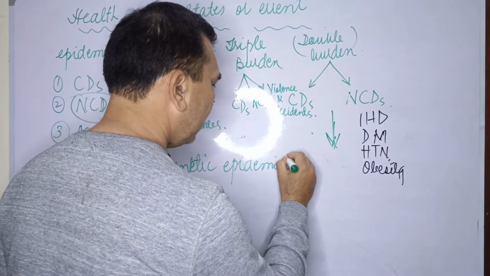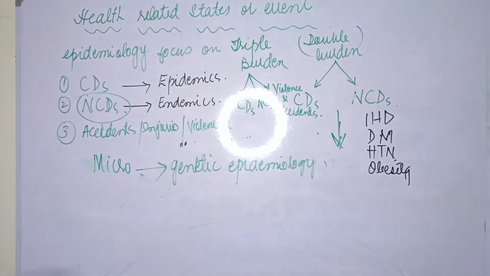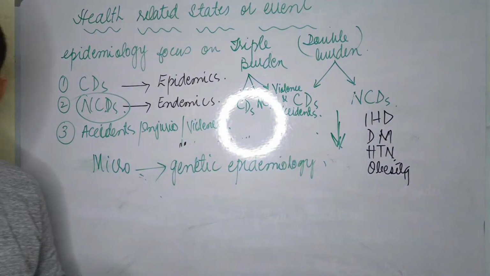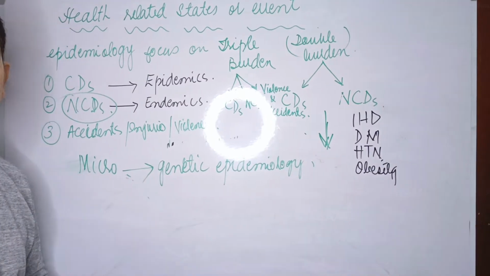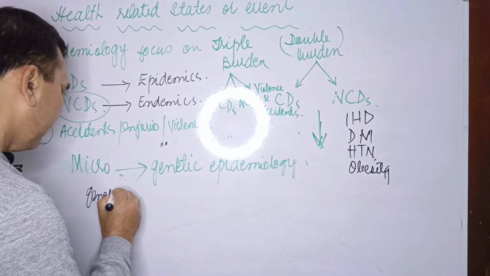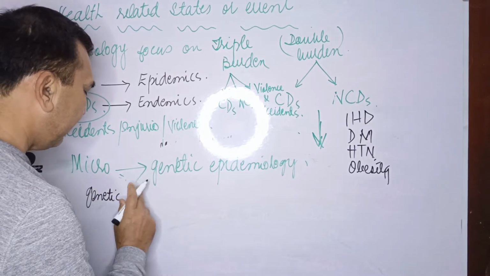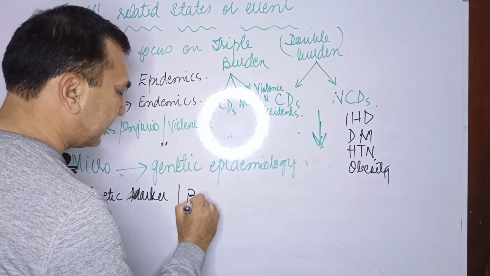Nowadays epidemiologists are more focused on the genetic makeup or biomarkers.